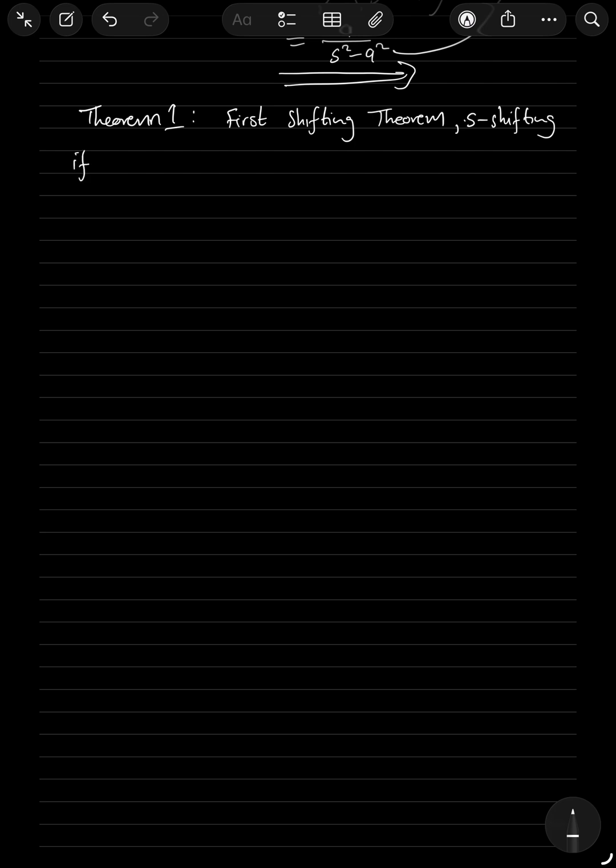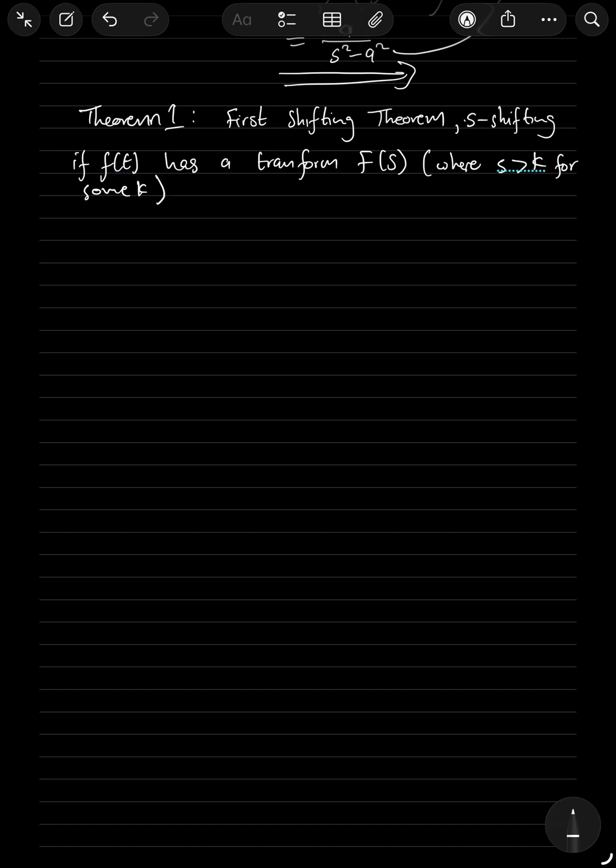We are saying if f of t has a transform, which is F of s, which is what we've been proving, right? And remember that in order for the existence and the uniqueness, s has to be greater than k, for some k, where k is a constant.